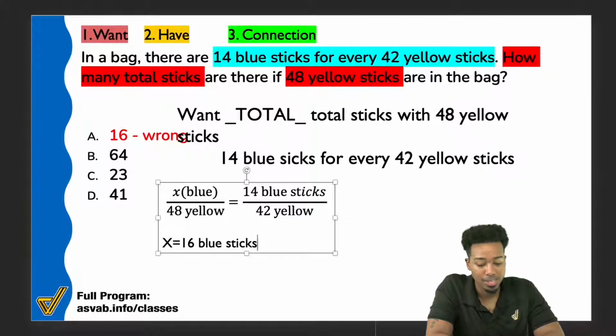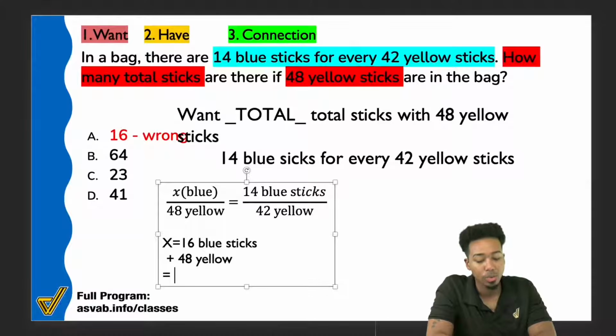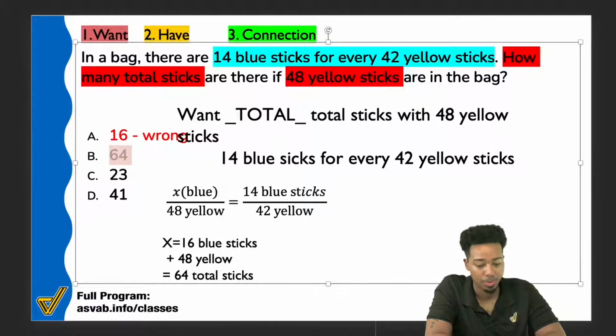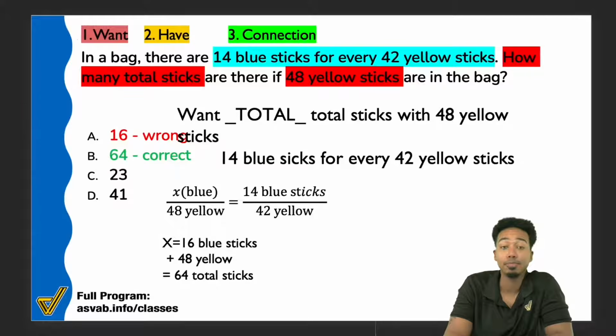Because you have 16 blue sticks and that goes with the 48 yellow. You add the 48 yellow and that's going to equal 64 total sticks. Correct or incorrect? Yeah, and that's what will give you the answer choice B. That would be the correct answer. That's why A is wrong and B is correct.